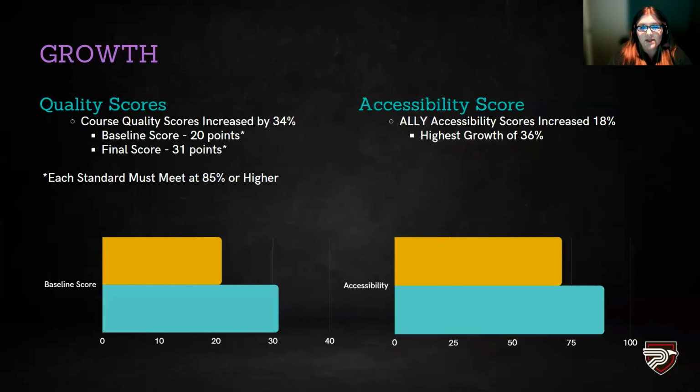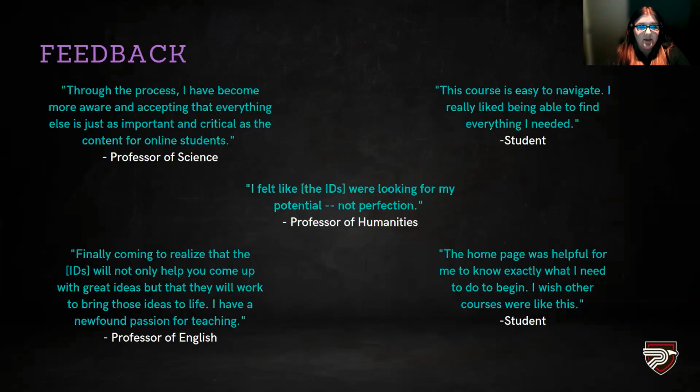As far as accessibility, we use the Ally accessibility tool, which integrates into Canvas, and it provides an overall, not totally perfect, but a good idea of accessibility for elements of a course. We look at that score at baseline as well as final, and the average increase of that score is 18%. Our highest growth so far is 36% in one course. And the feedback we've received from faculty and students is overwhelmingly positive.